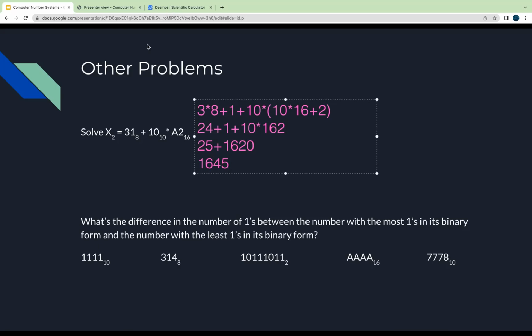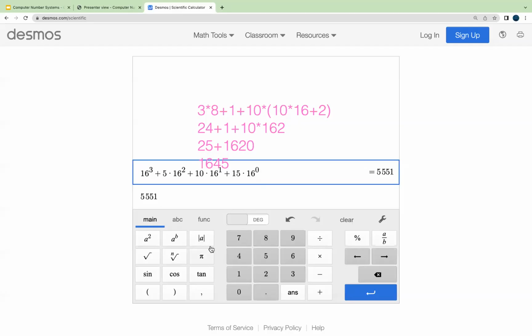So I'm going to go back to my calculator. The number we're solving for here is 1645. So let's go wild and 2 to the power of 10. And use a couple big powers. Hang on, I don't quite remember what my number was before that.